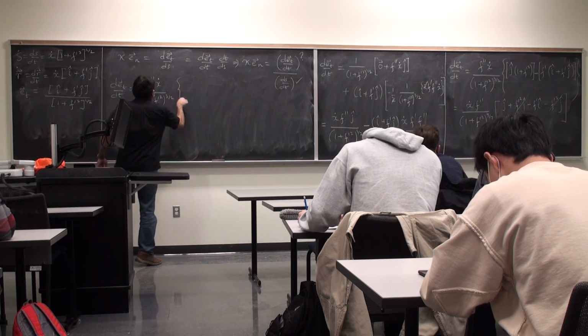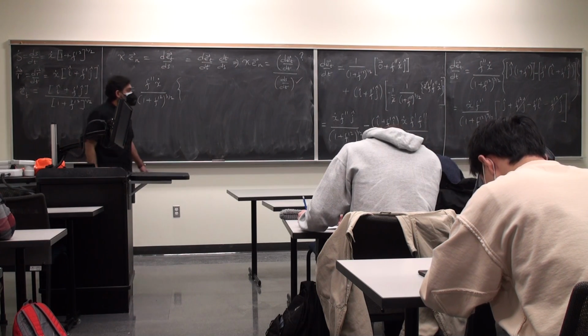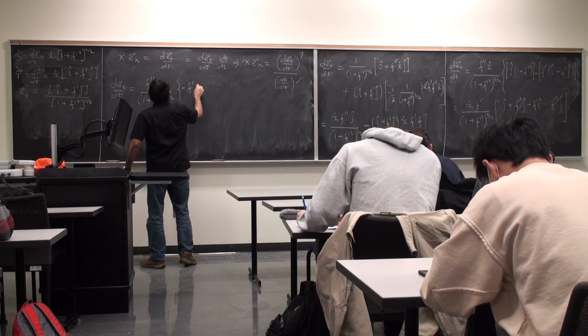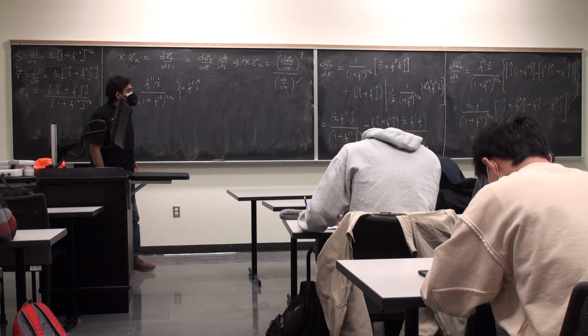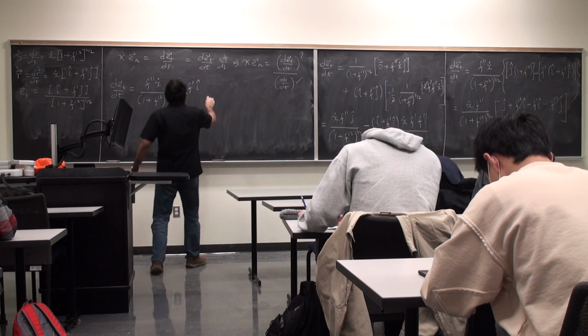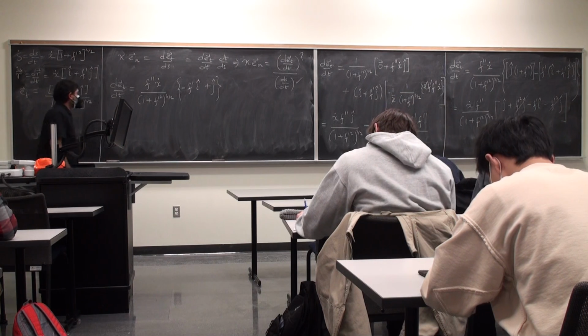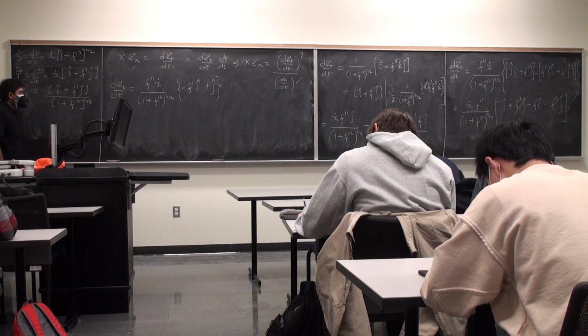And then I'm going to have negative i hat times f prime, and plus j hat. This is dEt by dt.